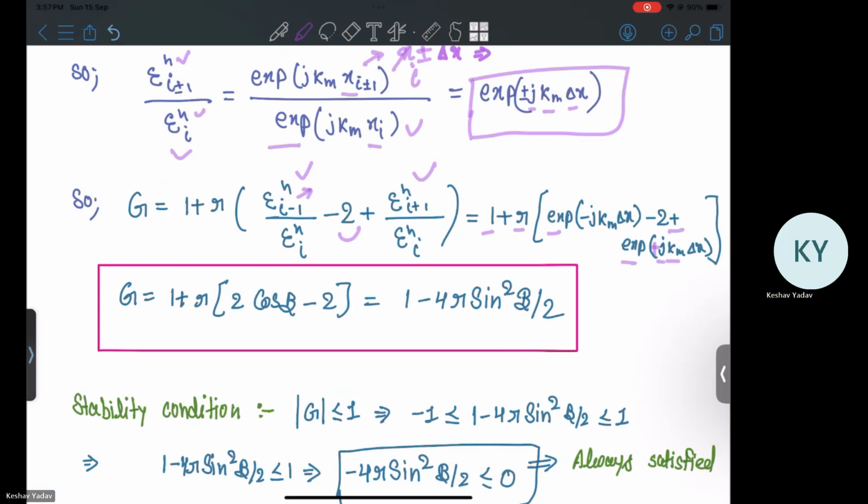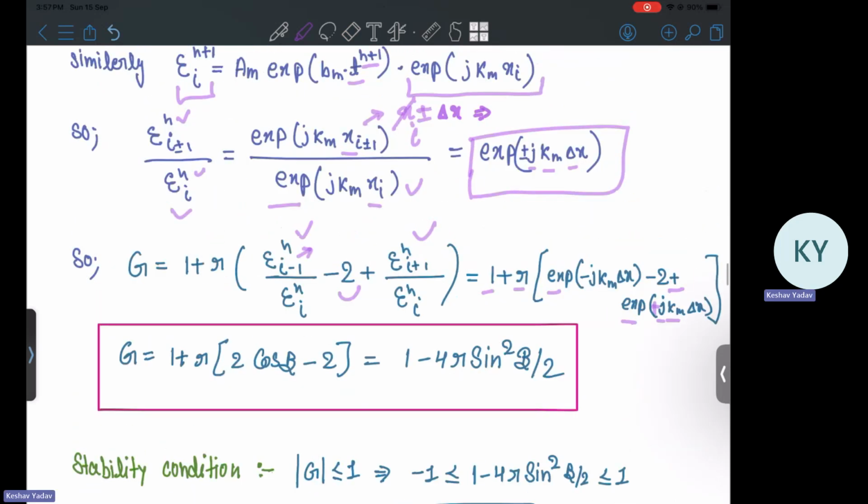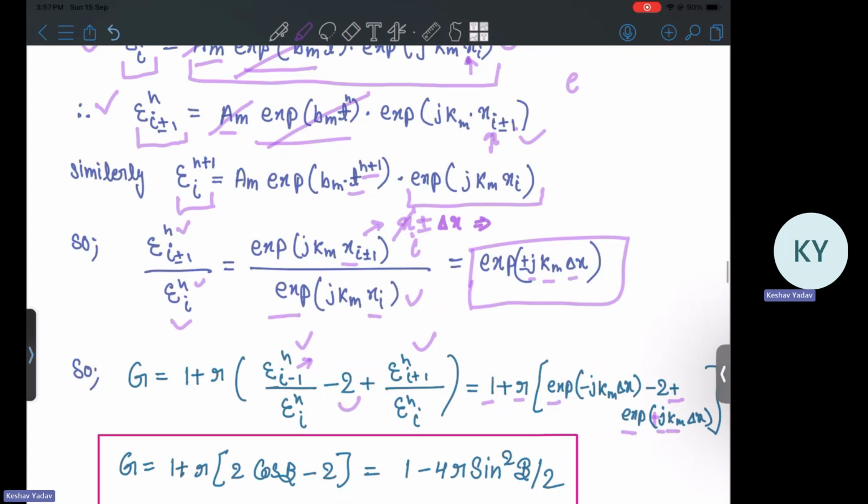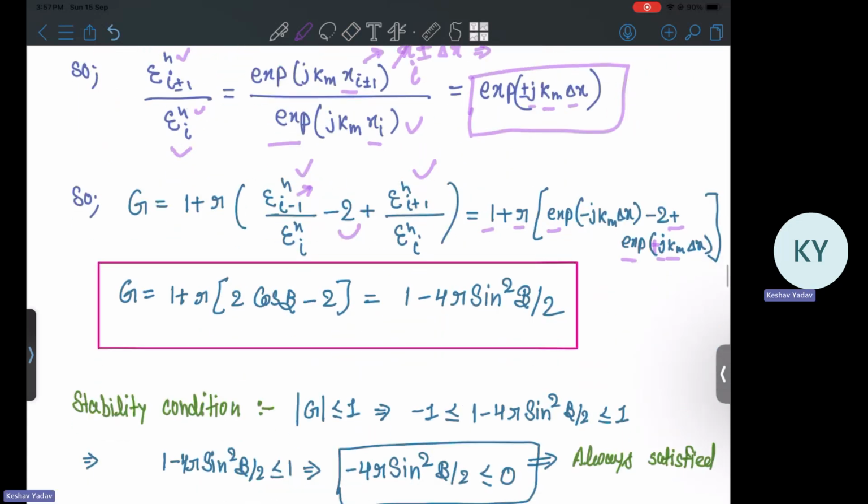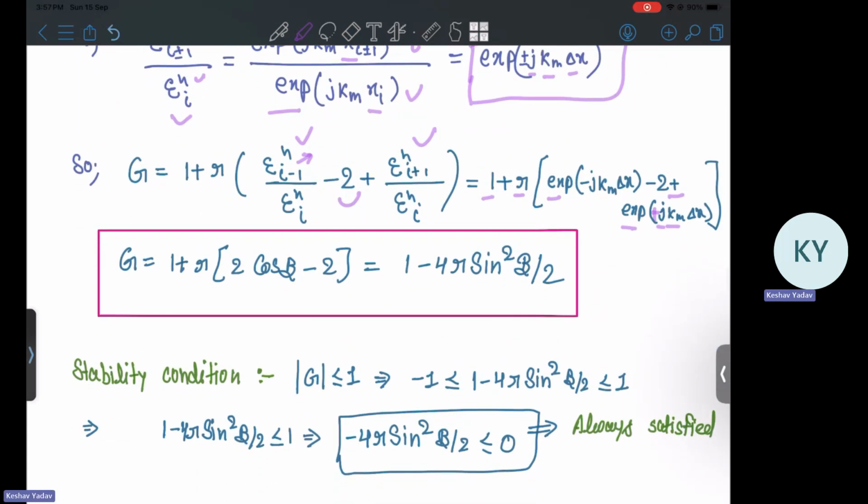Now if you see, we can write e to the power j x plus e to the power minus j x, divided by 2, this will be equal to cos of x. If we use this formula, this term and this term combination will be equal to 2 cos beta, where beta is km delta x.